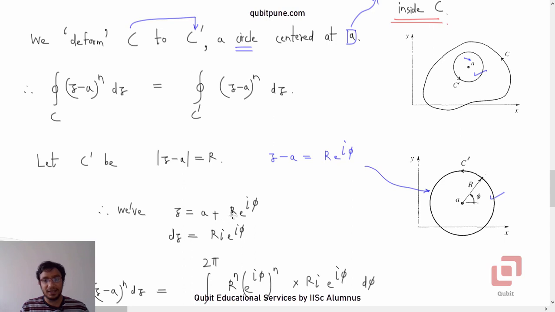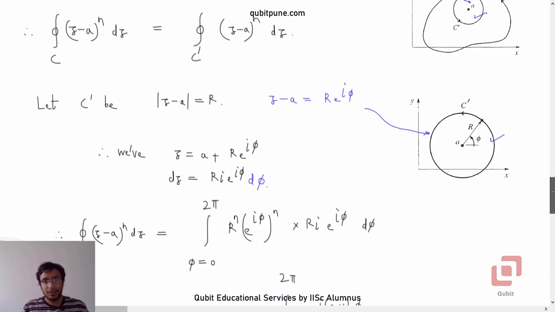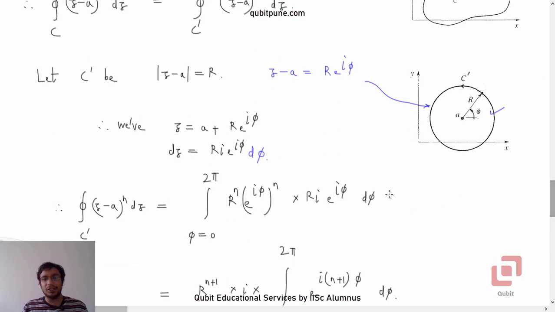So if z is a plus r times e to the power i phi, what will dz be? dz will be r i e to the power i phi times d phi, very much like integration by substitution. So the integral then gets converted to this definite integral, with limits on phi from 0 to 2 pi.